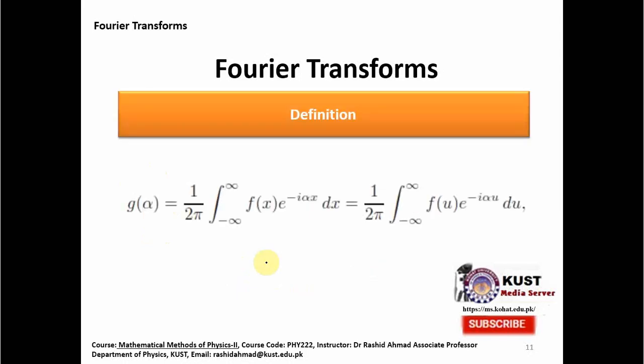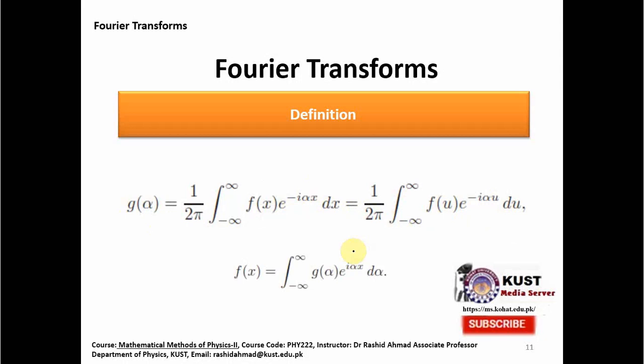So now if I define g alpha to be this first integral, as you see, or make a little change of variables from x to u, so this second equality, you see it here.